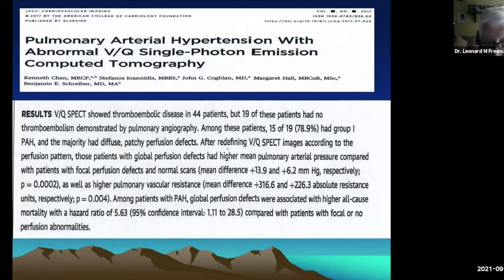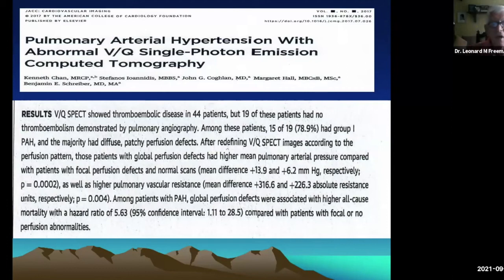Among these patients, 15 of 19, the majority, basically had negative pulmonary angiograms, okay? And VQ SPECT showed the thromboembolic disease in most of these patients that were not shown on pulmonary angiography.